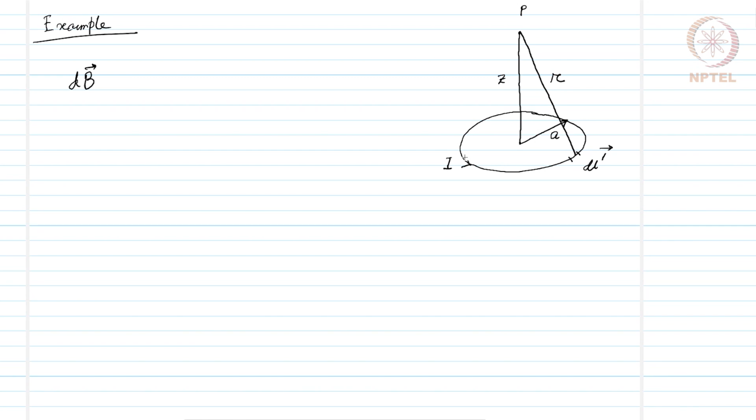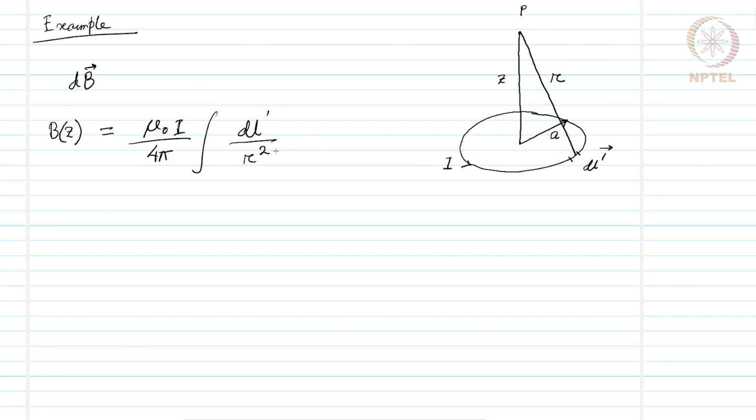So, the horizontal component will cancel and we will be left with only a vertical component, and the vertical component of the magnetic field as a function of z, if we integrate over all such dBs, can be written as Bz equals mu naught times the current over 4 pi integration over dl prime over r squared, but we have to consider the vertical component.